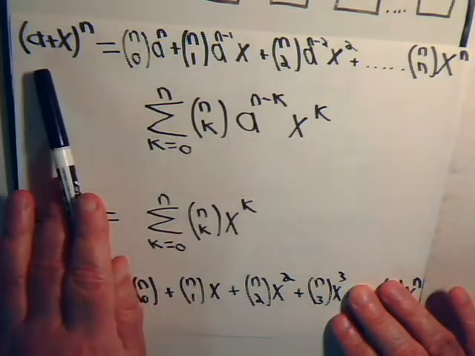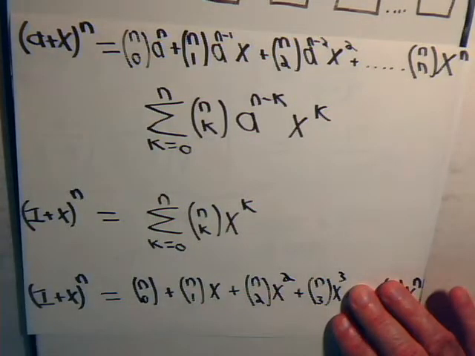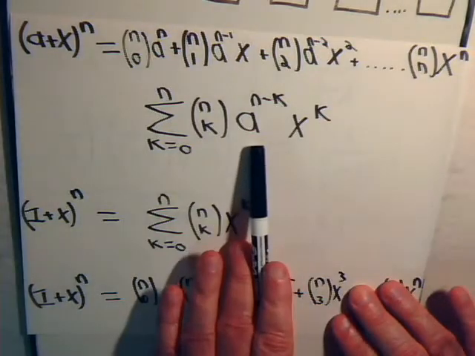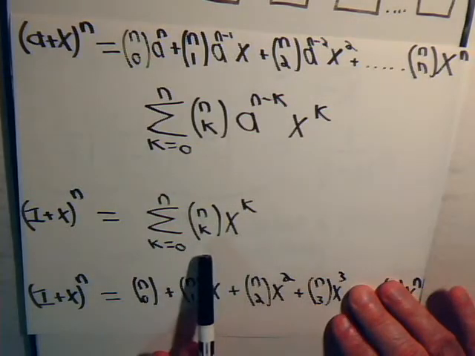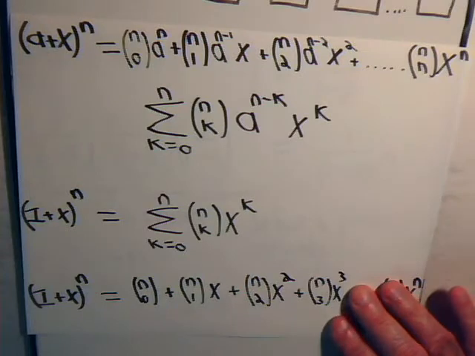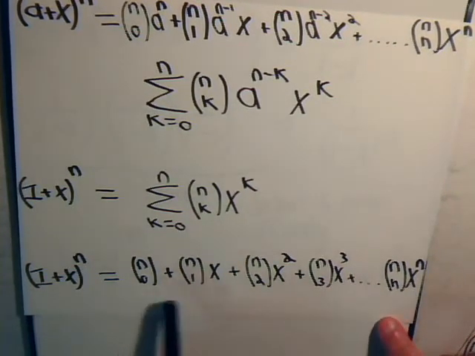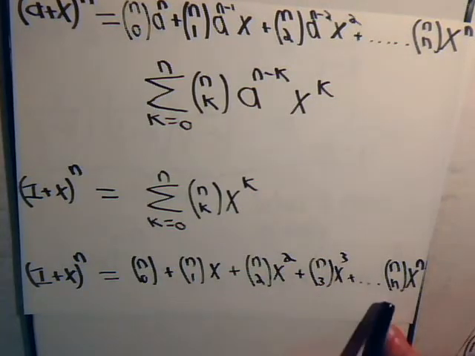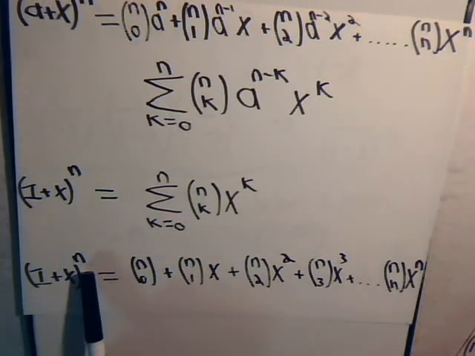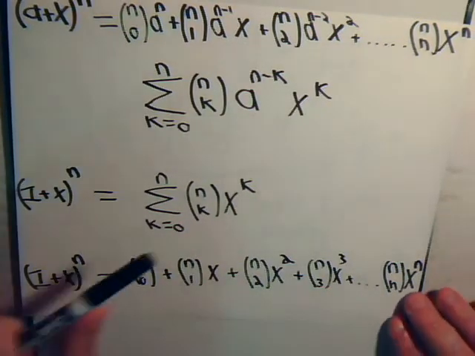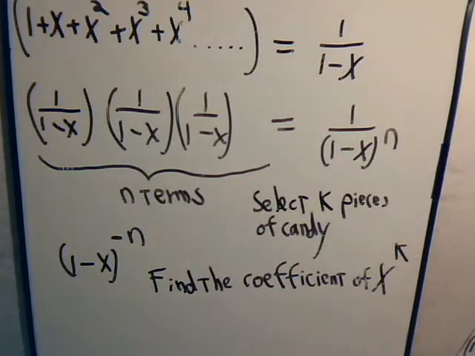Or, instead of a plus x to the n, if we had just 1 plus x to the n, this is just equal to 1, so we could write it like this. Again, we've worked with this in previous videos. What we want to point out is that when this is a positive exponent, this will be a finite sequence.